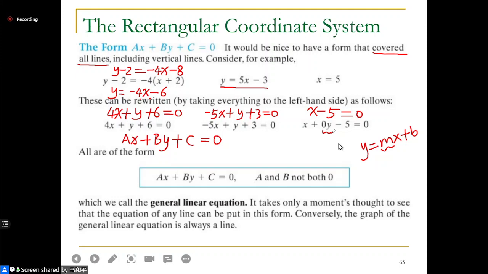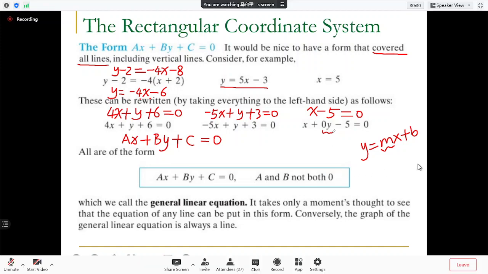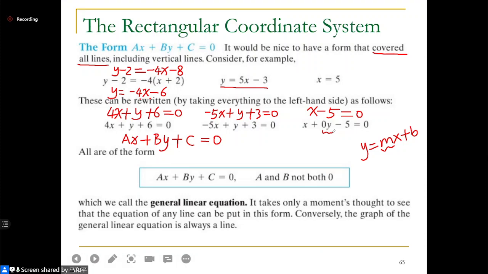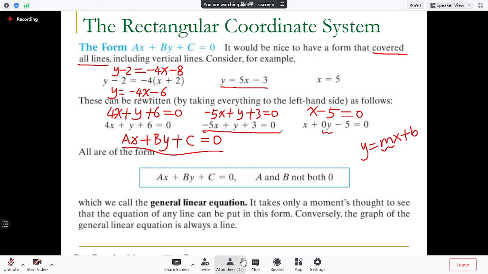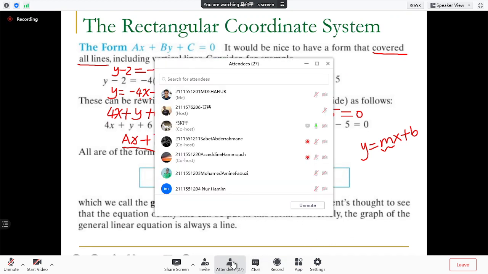Ma'am, I have a question. Ma'am, can I speak? What's wrong? Yes, you can. I just don't get it. The last 4 lines you have written, from minus 5x plus y plus 3 equal 0. You don't know why this is 0?